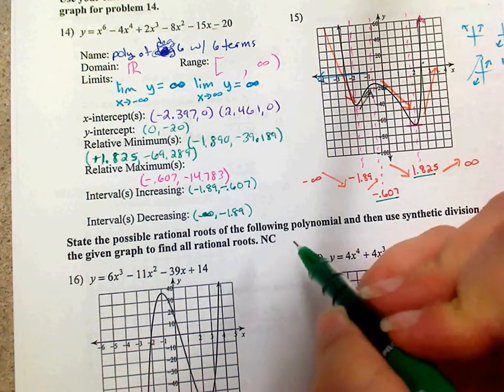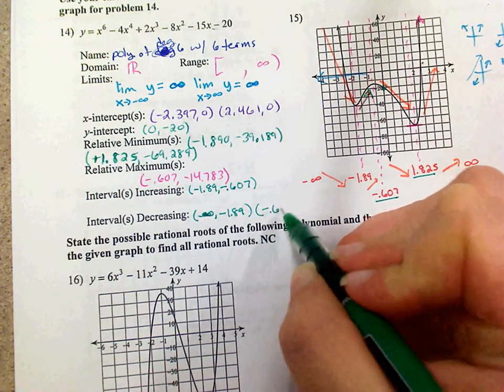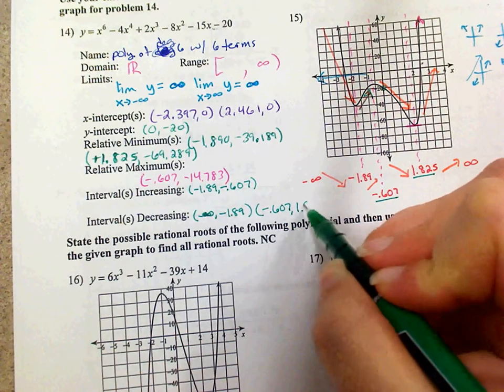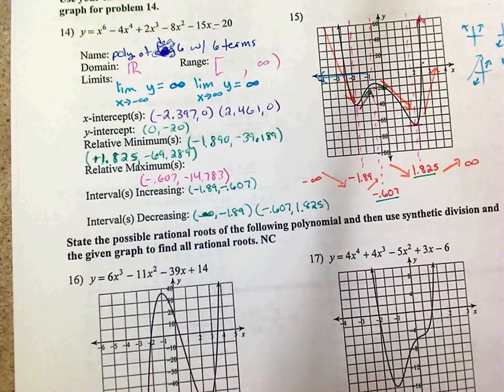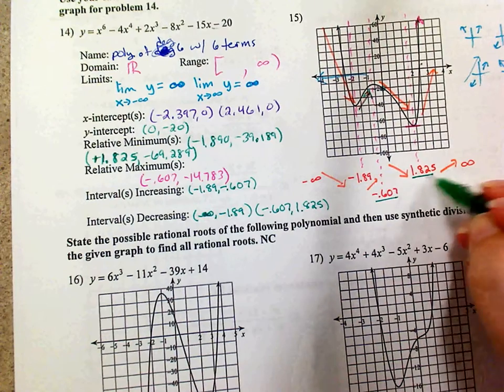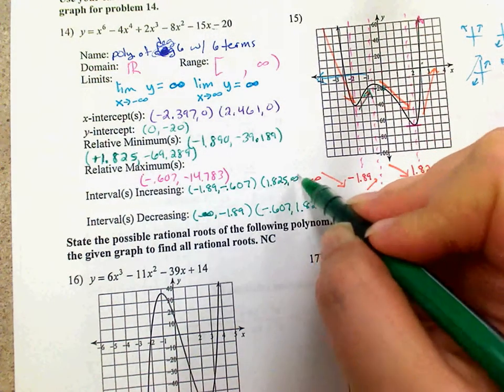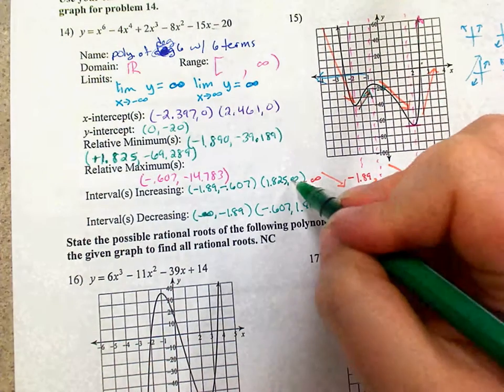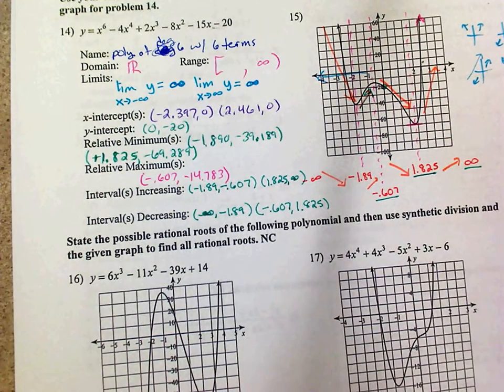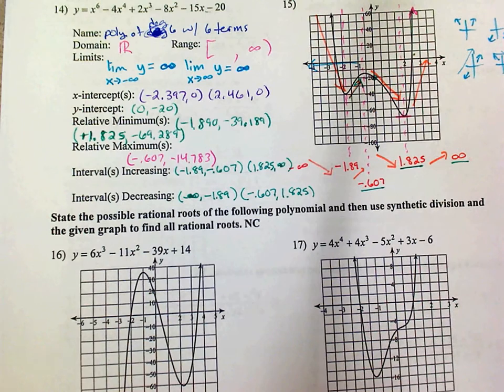So negative 0.607, 1.825. And then on the last interval, from 1.825 to infinity, we are increasing. No, but I want it on your review so that you remember why. Okay? I remember breaking it up. Okay, so there's that one.